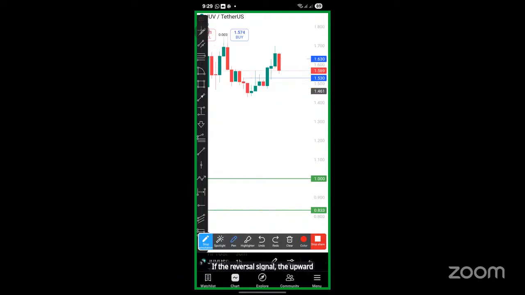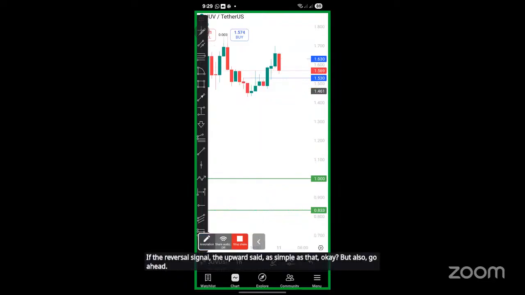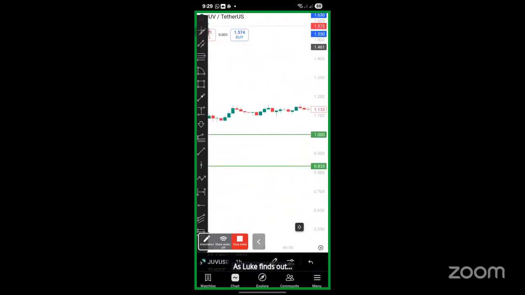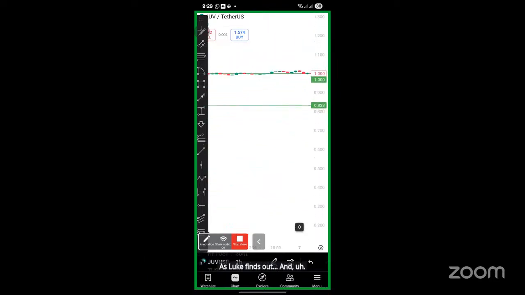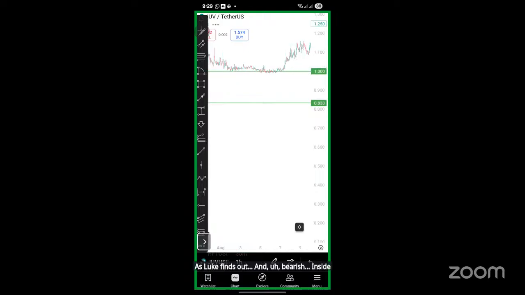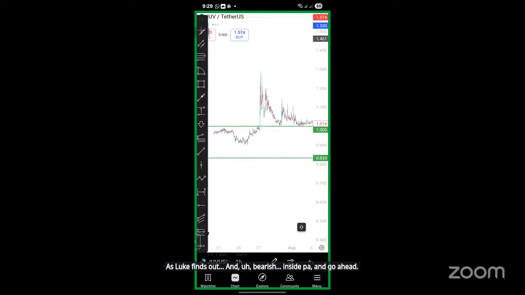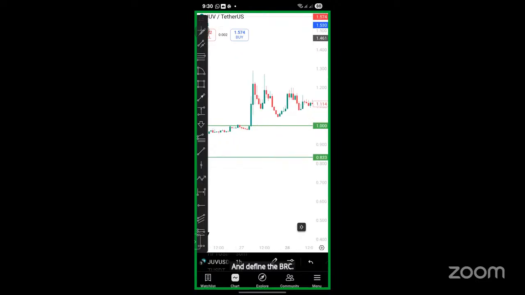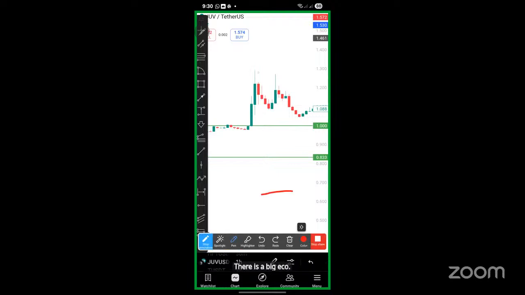As simple as that. Okay, and also go ahead and find out the bearish inside bar. You will find that there is a big green candle and a small red candle formed near the supply zone.